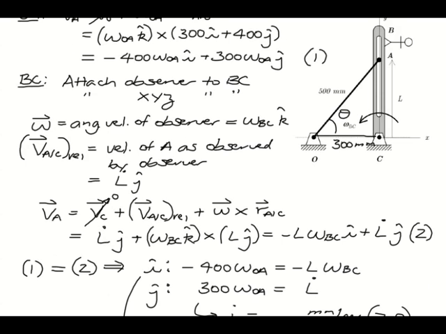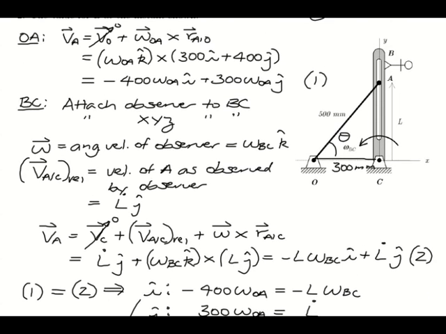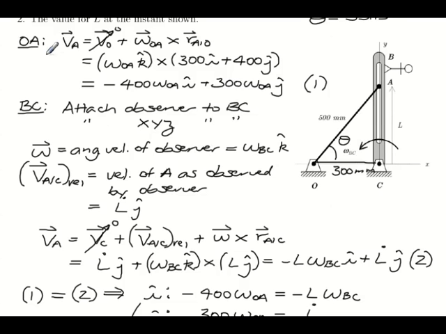So if we go back to see what we have done, we used a rigid body equation to relate the velocity of A back to the pin joint O to ground. We used a moving reference frame equation to relate the velocity of A back to C. The moving reference frame equation was required here rather than the rigid body equation because A and C are not connected by a rigid body.